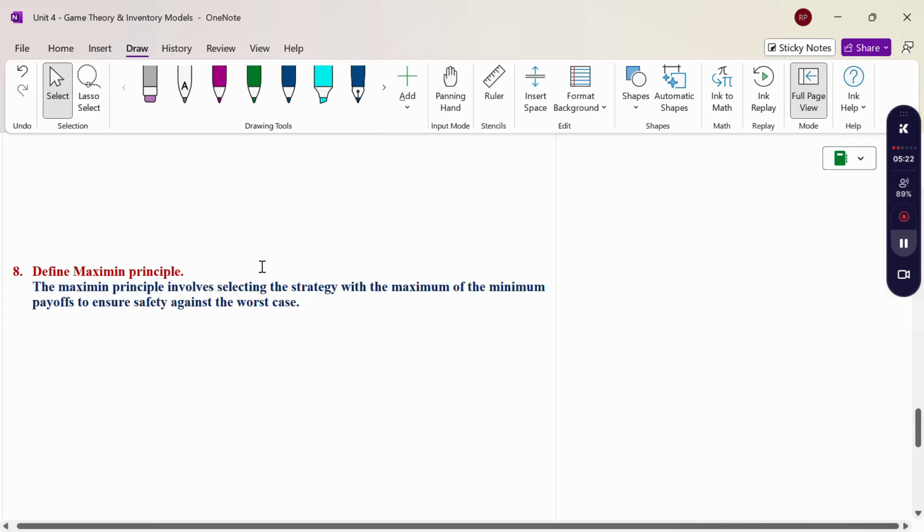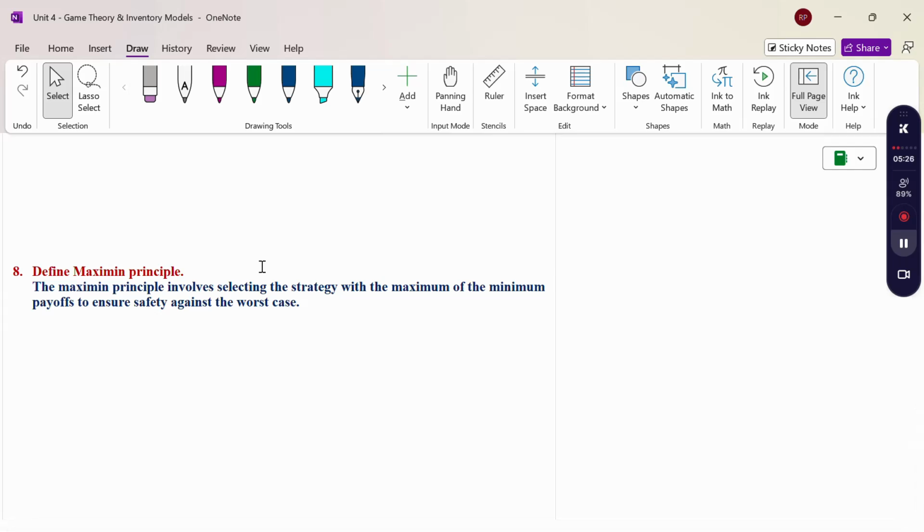Define maximin principle. The maximin principle involves selecting the strategy with the maximum of the minimum payoffs to ensure safety against the worst case.